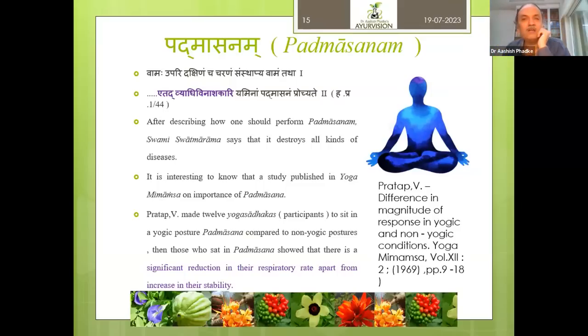If you see a group of people sitting in Padmasana and others sitting otherwise, one study undertaken by Dr. Pratap found that whenever you sit in Padmasana, your vitals are much lower and your attention span is much increased compared to other people not sitting in Padmasana. That is one way we think about this asana with reference to modern physiology and medicine.